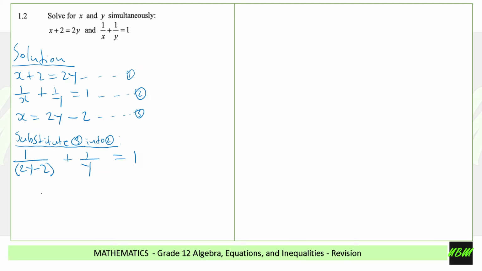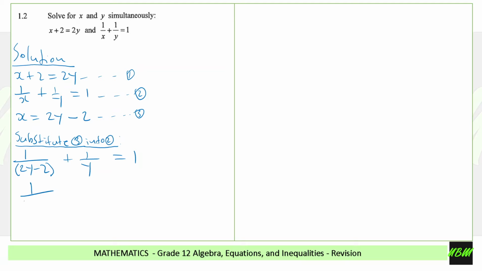So now we are going to multiply both sides by the LCD, 2y minus 2 multiplied by y. Or you can do it step by step by first multiplying throughout by 2y minus 2 and then secondly multiplying throughout by y. That's one way of getting rid of the denominators. So each and every term we are going to multiply by 2y minus 2 multiplied by y.